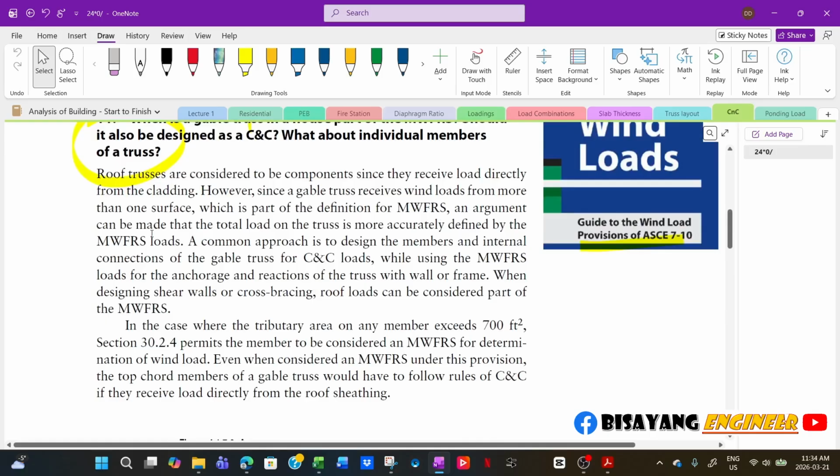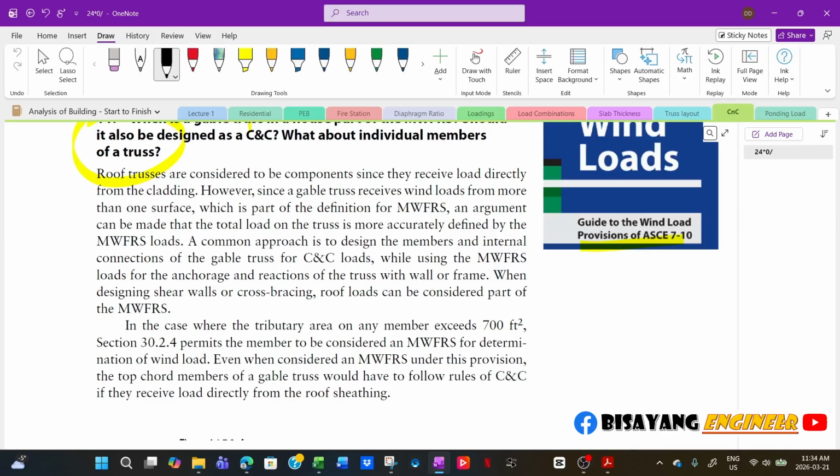So in the ASCE 7 design guide for wind loads, it says roof trusses are considered to be components since they receive load directly from the cladding. However, since a gable truss receives wind loads from more than one surface, which is part of the definition of the MWFRS, an argument can be made that the total load on the truss is more accurately defined by the MWFRS load.